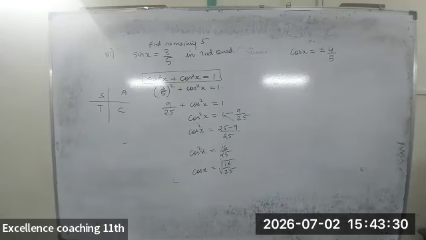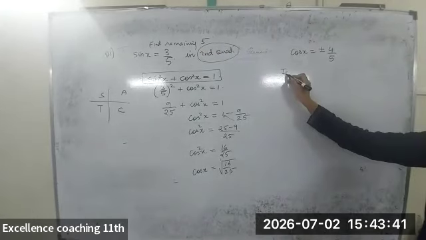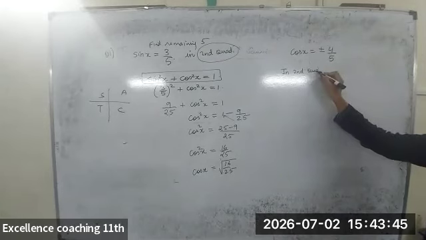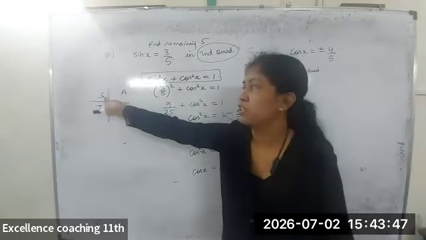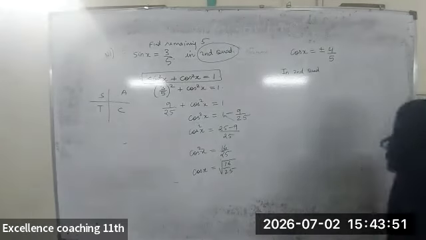Plus or minus. Now we want to check whether to take positive or negative for cos. In which quadrant is it mentioned in the question? So right, in second quadrant. Who is positive? Only sine and cosec is positive. So cos will be what?